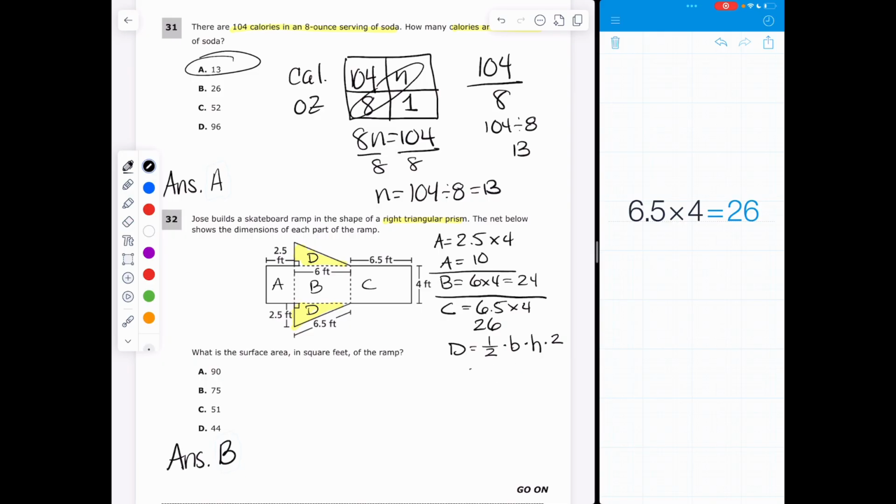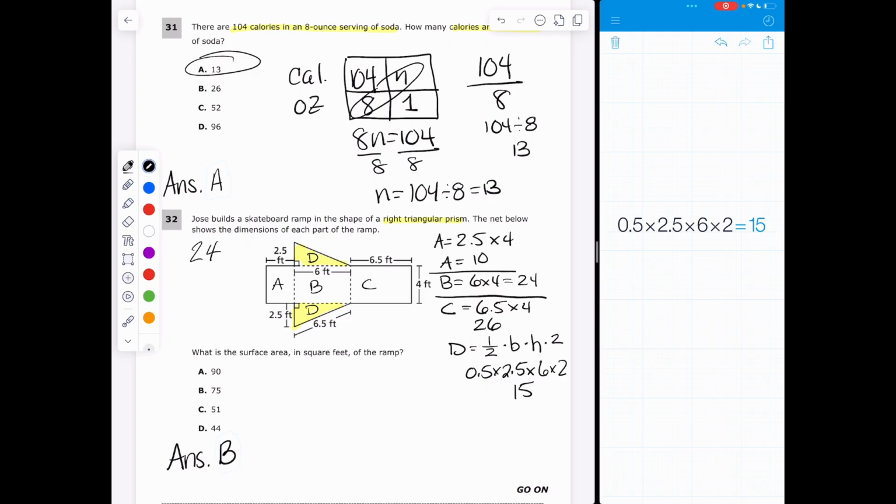So I have 0.5 times 2.5 times 6 times 2. Okay, so 0.5 times 2.5. There we go, that's 1.25 times 6 times 2 is 15.